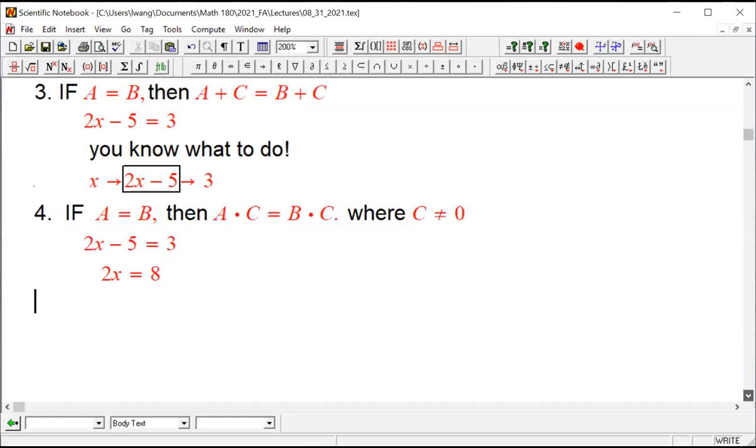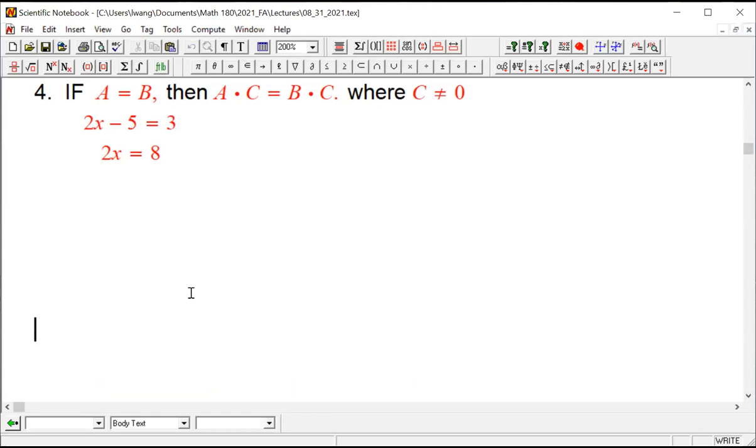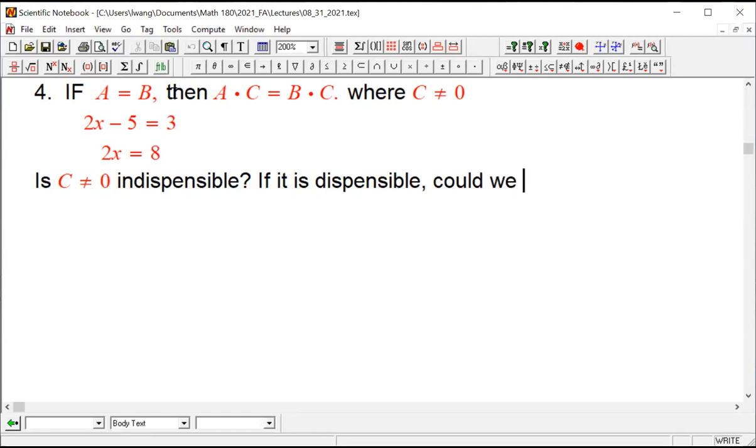Are you guys with me? We have known this principle for a very long time.